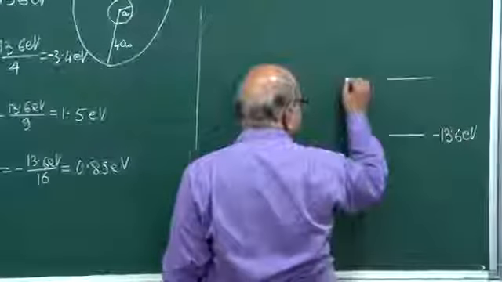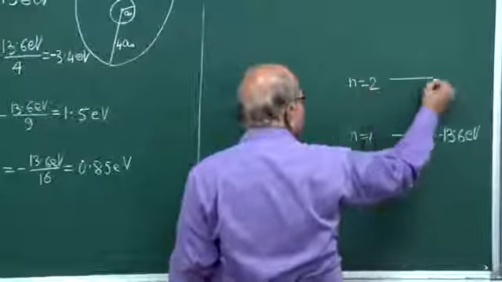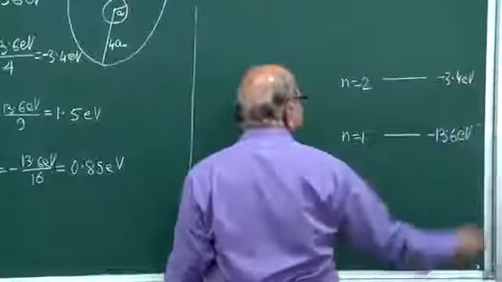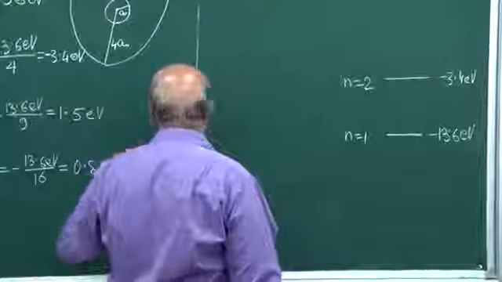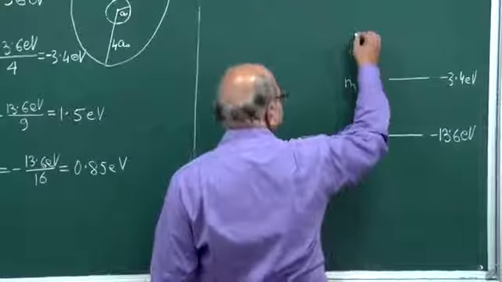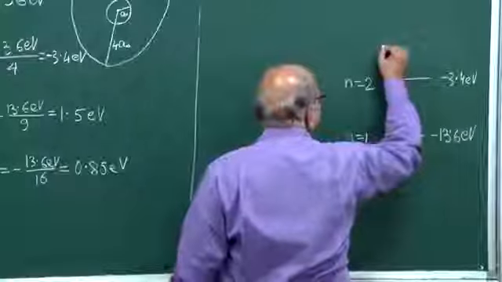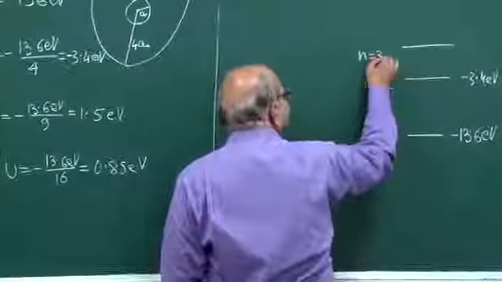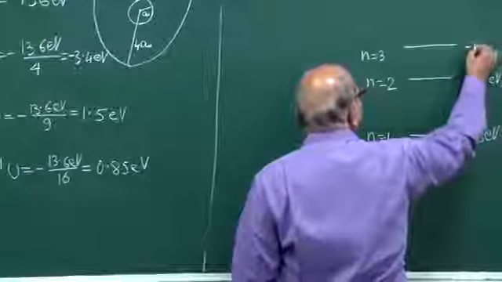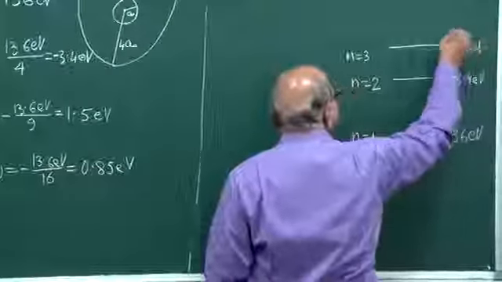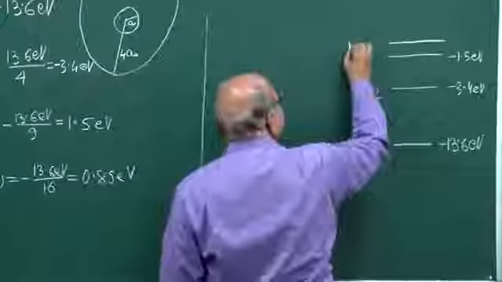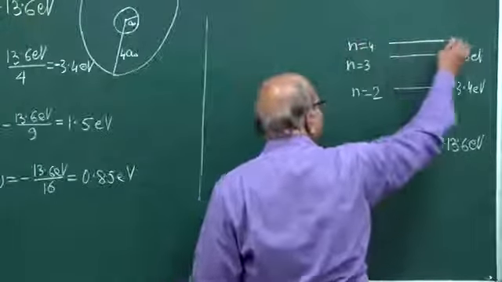This is n equal to 2, minus 3.4 electron volt. n equal to 3 is 1.5 with a negative sign, so 1.5 will come somewhere here. This is n equal to 3, minus 1.5 eV. Then you have 0.85 eV, n equal to 4, and so on.